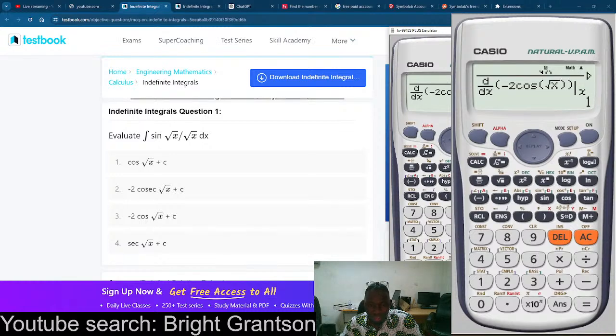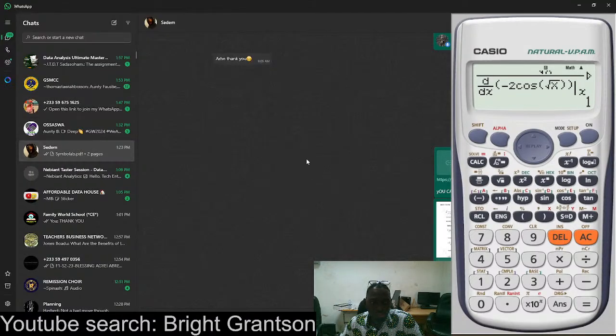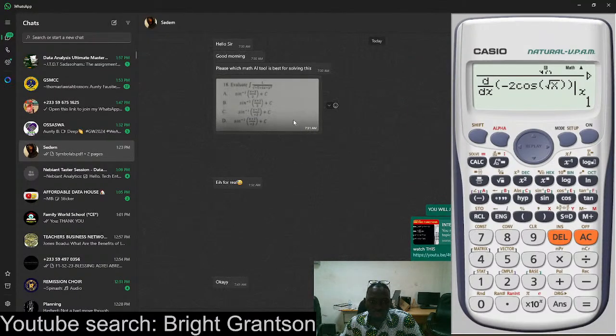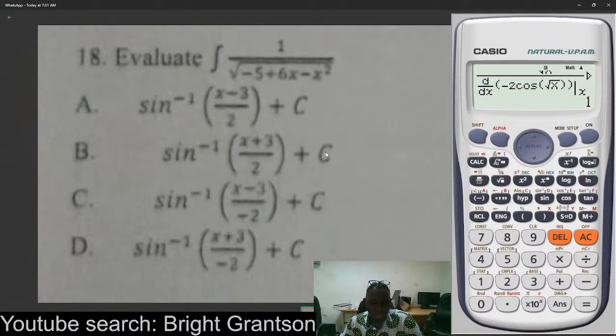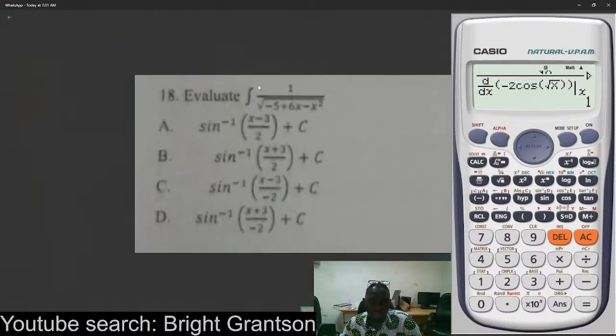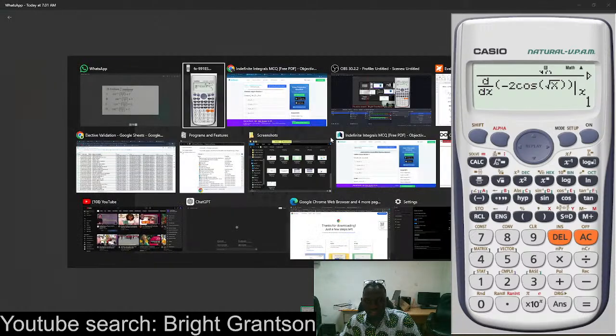Now, a counterexample. He gave me this question: the integral of 1 over the root of negative 5 plus 6x minus x squared. In this case, it may not work.